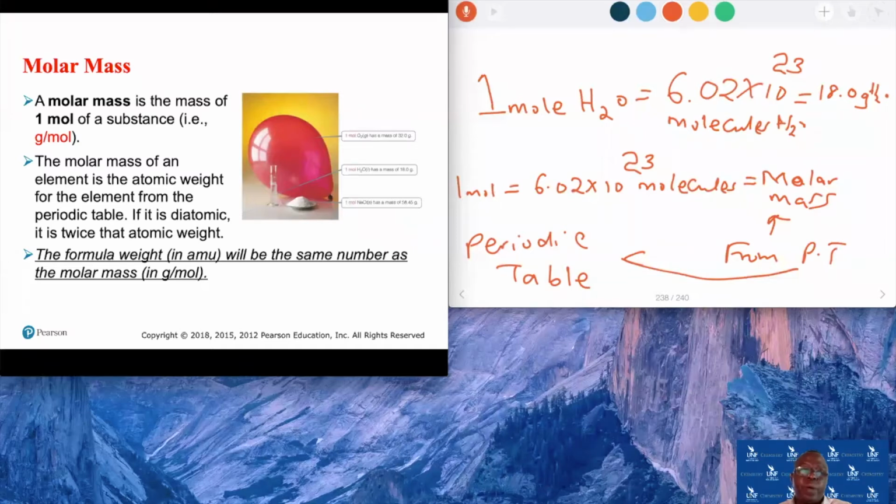Don't memorize these numbers and think, how did we end up with this? Do we really need to memorize? No. It is just the concept that you are given the atomic mass of sodium and the atomic mass of chlorine. This is from the periodic table, by the way. And then you add the 2 atomic masses, which gives you 58.45. That's where the numbers are coming from.